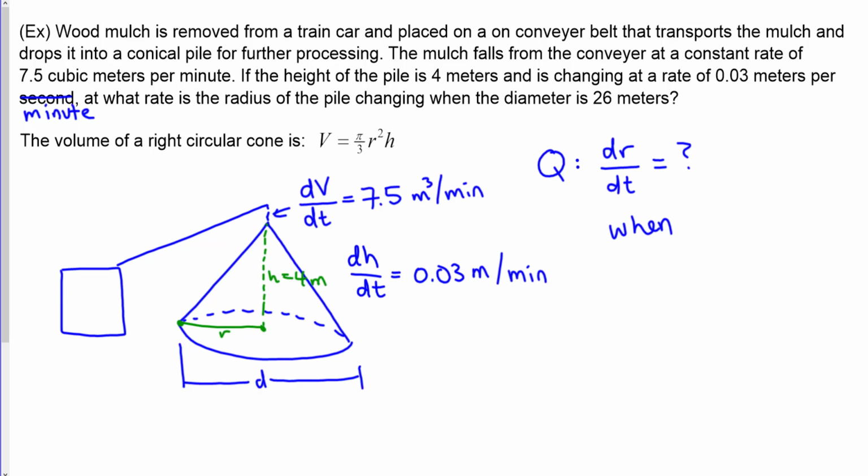It's easier to measure a diameter than it is to measure a radius. But if you get a diameter, you can always figure out the radius by dividing by 2. So the diameter is just 2 times the radius. So instead of calling this diameter 26 meters, let's just interpret this as a radius that is 13, because double 13 is 26. All right, so when the radius is equal to 13.